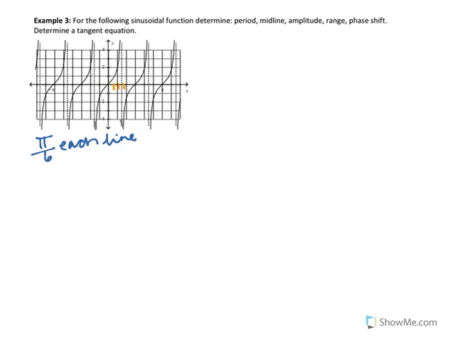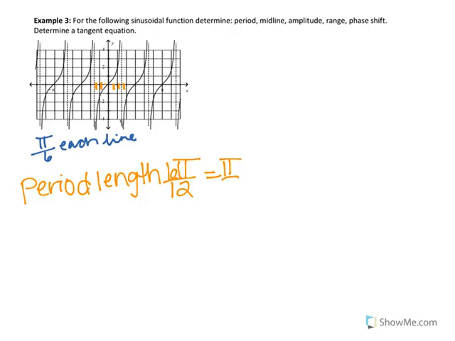So on that side we have 3 pi over 12s, and on this side we have 3 pi over 12s. Altogether my period length is 6 pi over 12, which is pi over 2. So that is our period length.